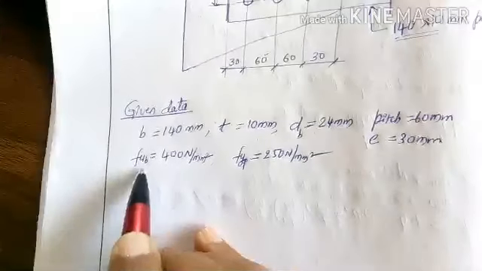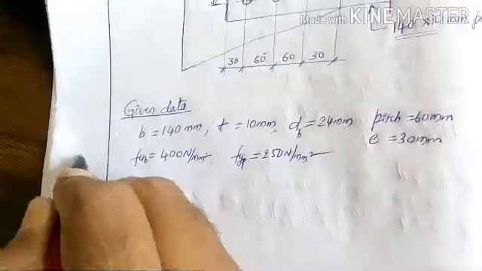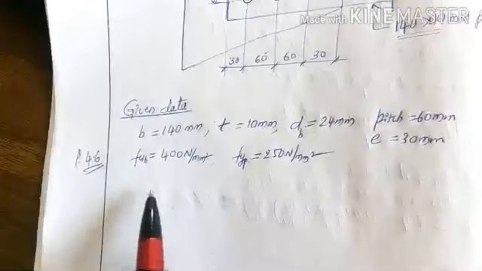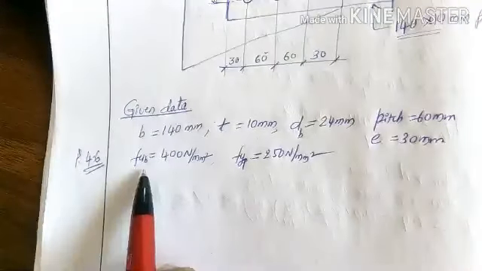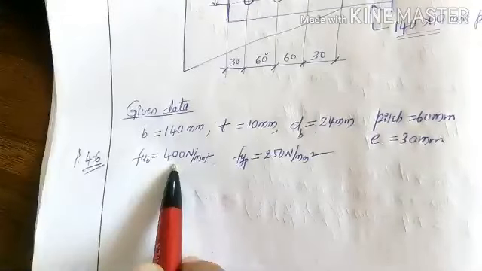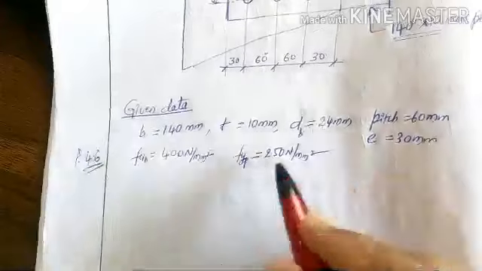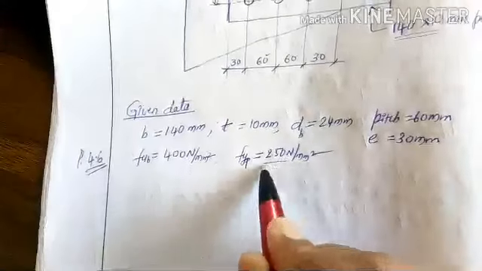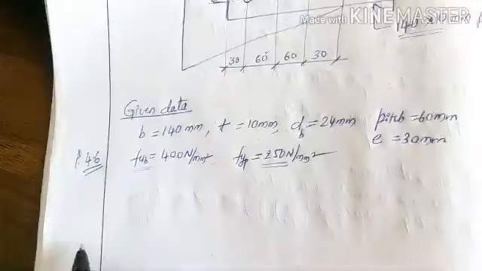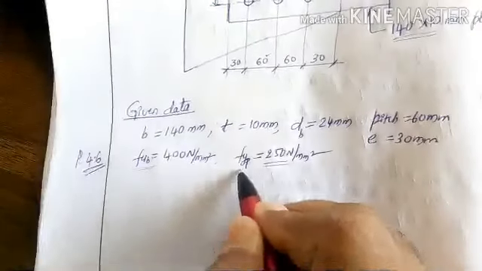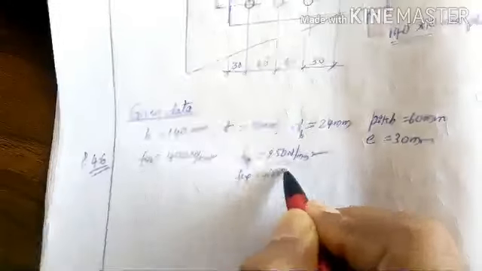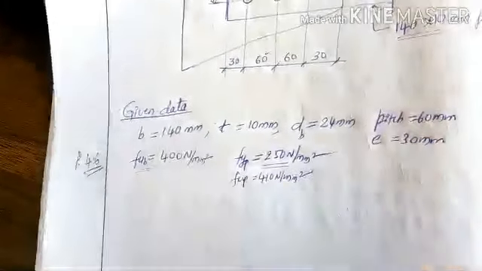For property class 4.6 bolts, the ultimate tensile stress of the bolt becomes 400 Newton per millimeter square. Then for the plate material, FUP will be 410 Newton per millimeter square.